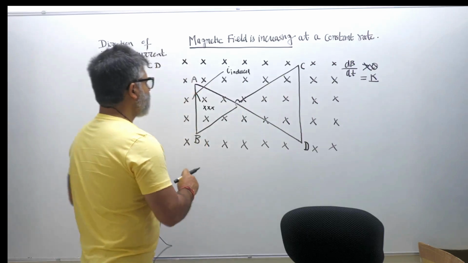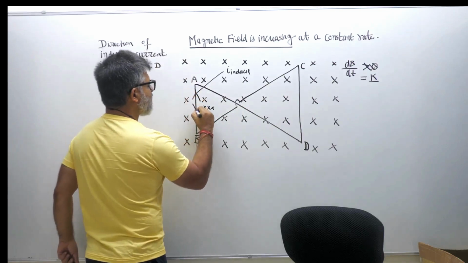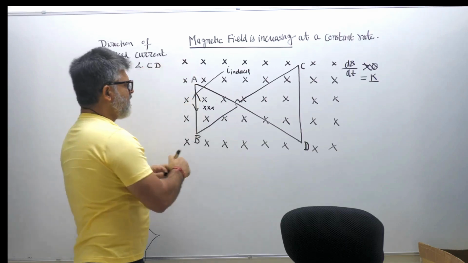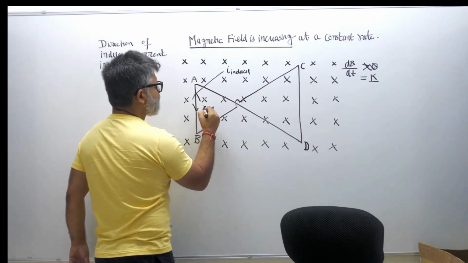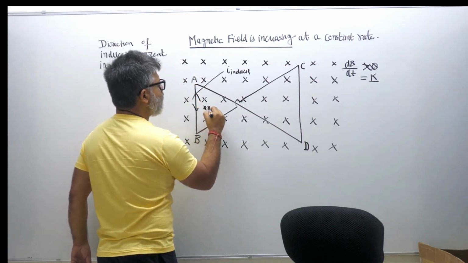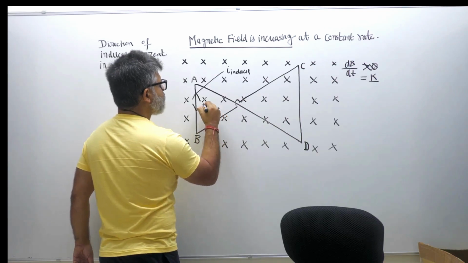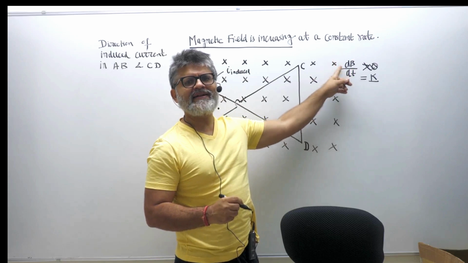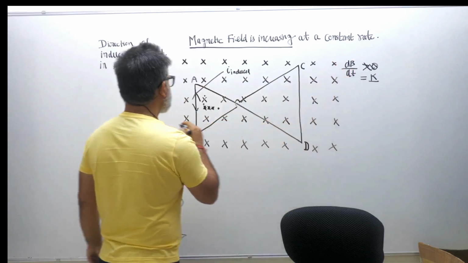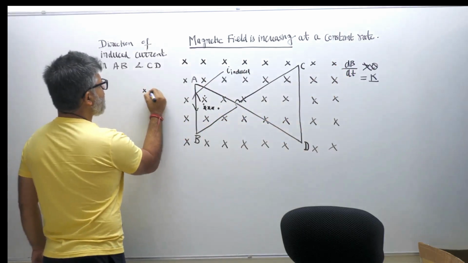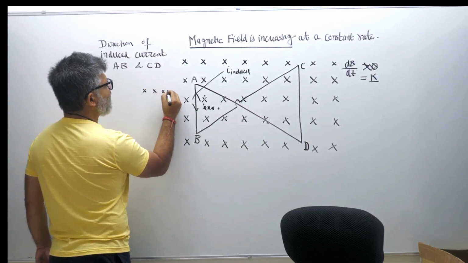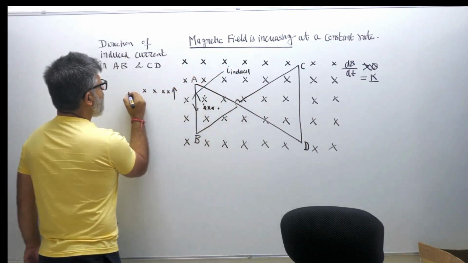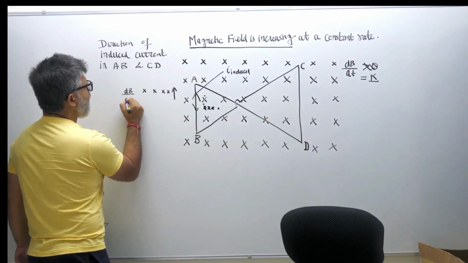So therefore, the current direction should be reversed, because if I use this going downwards, the current is producing a magnetic field which is moving outwards, right? So dots will get produced. Whatever gain is there in magnetic field, which is a cross gain, cross means the inward magnetic field, which is the external magnetic field, is increasing because of dB by dt.